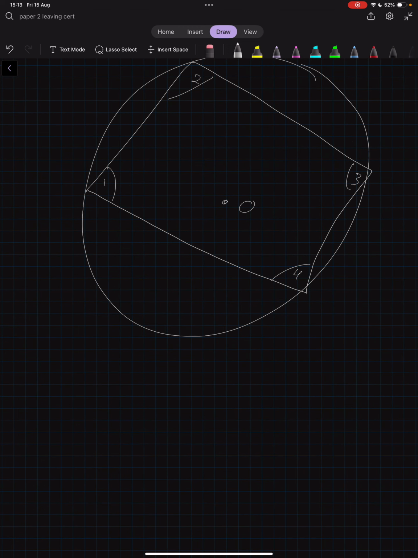Okay? So angle 1 plus angle 3 is 180. So opposite angles. So just for clarity, this one and this one. This one and this one. Angle 2 plus angle 4.